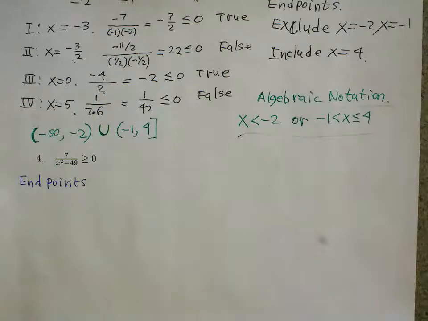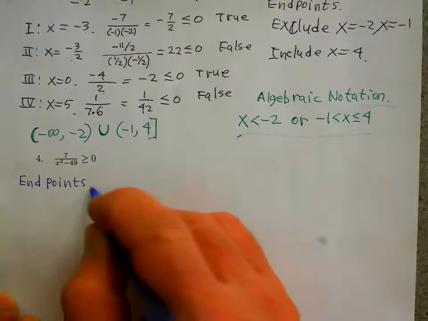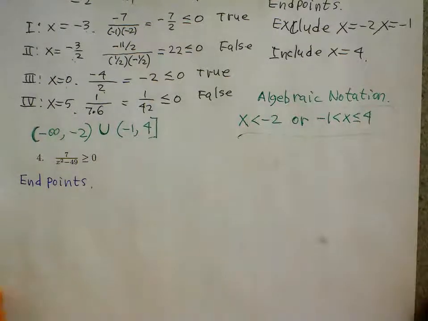What are the endpoints? Let's start with x values that make the numerator 0. Well, the numerator doesn't have x in it, so we don't get any endpoints from the numerator. We just have a constant in the numerator. What about the denominator?